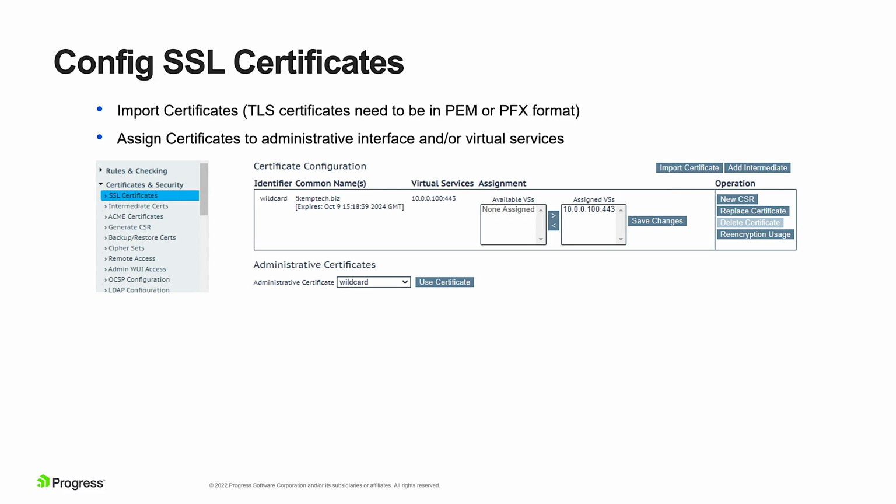There's an import certificates button under the certificates and security SSL certificates area. And that import certificates button will tell you a little bit about the format we can support for importing certificates. The format is PFX or PEM for the web user interface. So in the web user interface, you can import a certificate in either PEM format or PFX format.